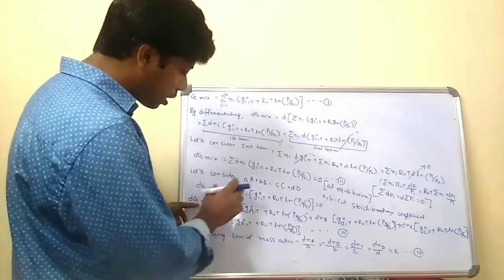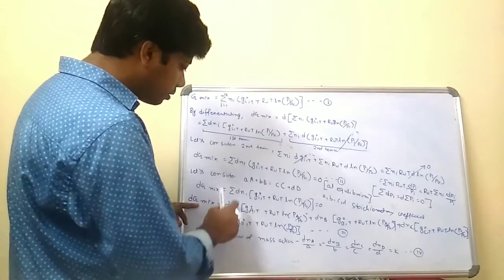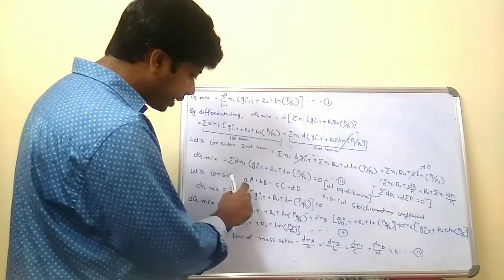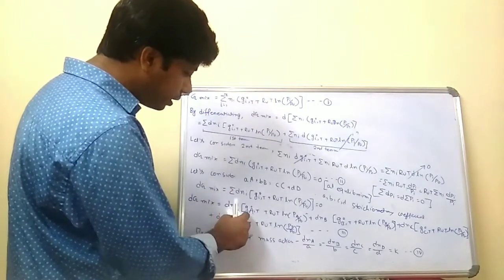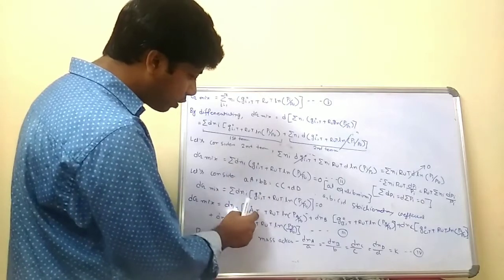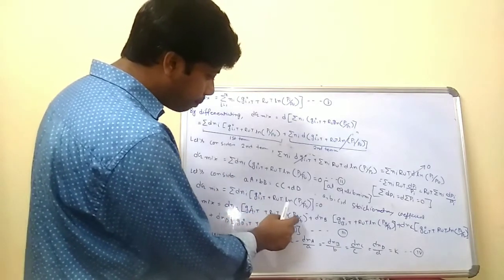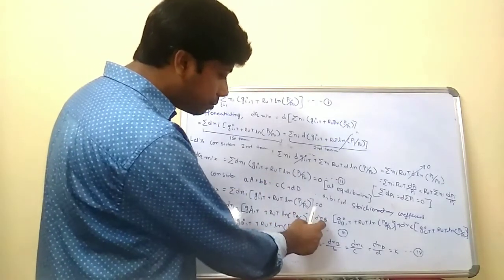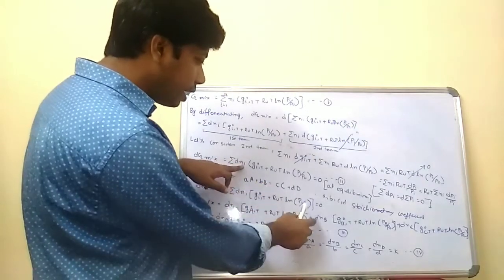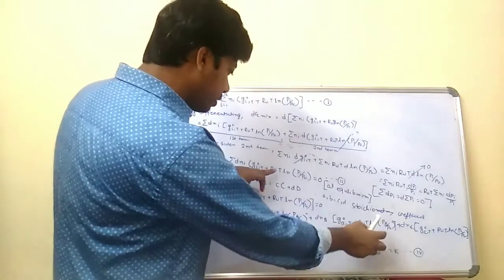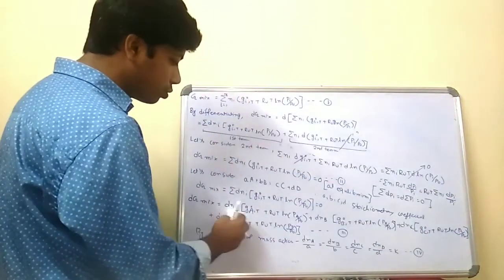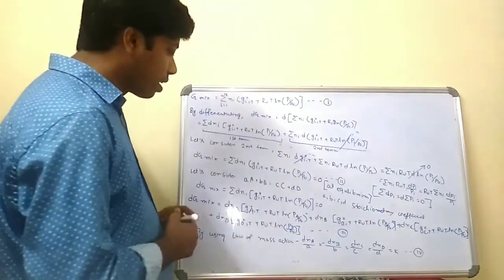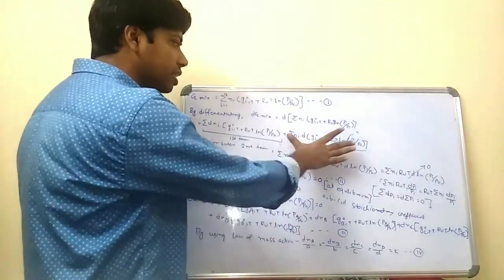For the reactant A, it will be dnA into (G naught A at T plus RT ln(pA/p0)), since here the species is A. Similarly for B it will be dnB, for C dnC, and so on. So the dG mixture equation is written in this form after differentiating, because the second term is 0.